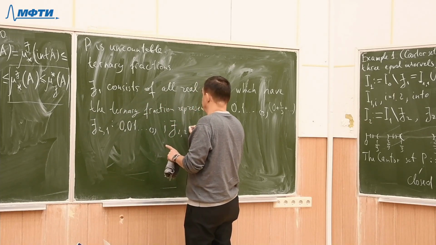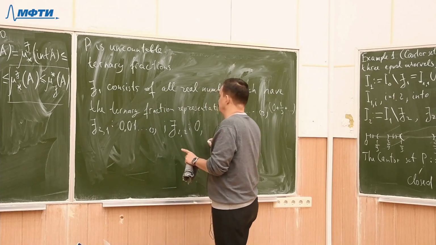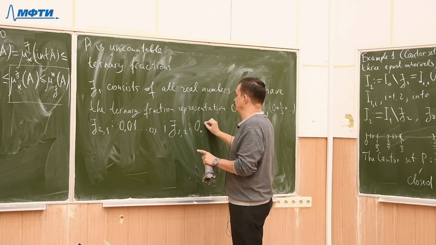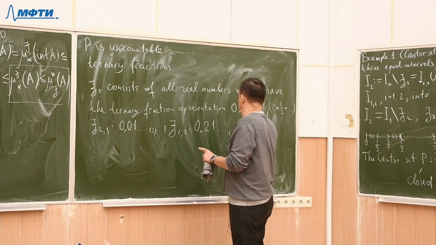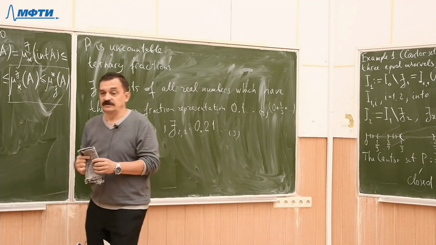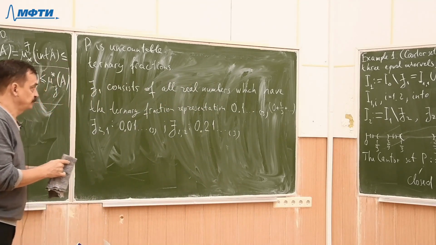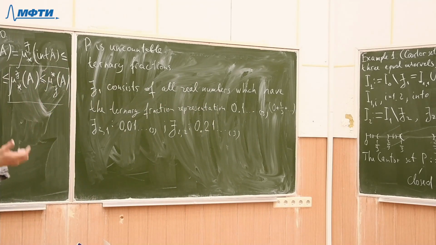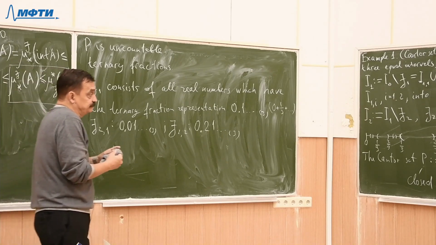J22, they have the representation 0.21 and then other digits. Digits are 0, 1, and 2. No more digits in ternary fractions. So then what remains?